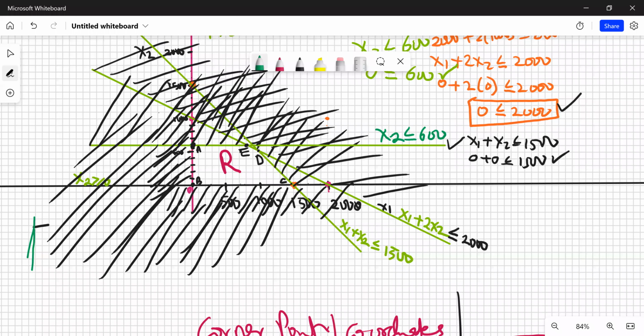Yeah, so after plotting the points, after drawing the graph, we identify the corner points. These are the extreme points. We have labeled them A, B, C, D, and E. Sometimes the graph may not be very clear which point this one is.